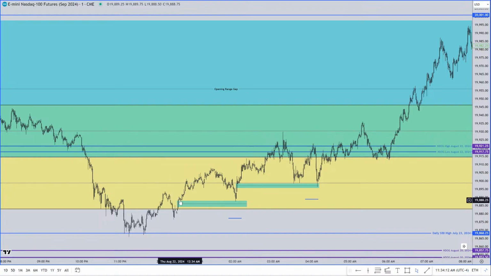This fair value gap forming when? Look at the time. What time is that? Right there. It's 1 minute past the opening range at midnight. Oh, you did talk about that, ICT.